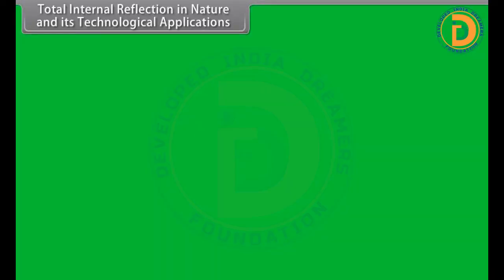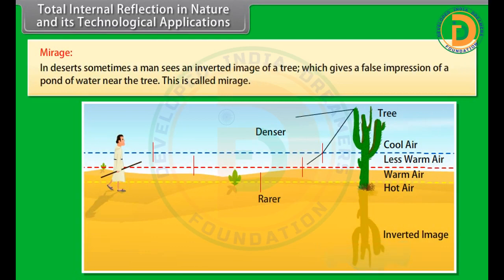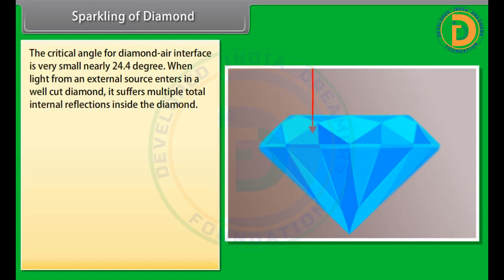Total internal reflection in nature and its technological applications. Mirage. In deserts, sometimes a man sees an inverted image of a tree, which gives a false impression of a pond of water near the tree. This is called mirage. Sparkling of diamond. The critical angle for the diamond-air interface is very small, nearly 24.4 degrees.